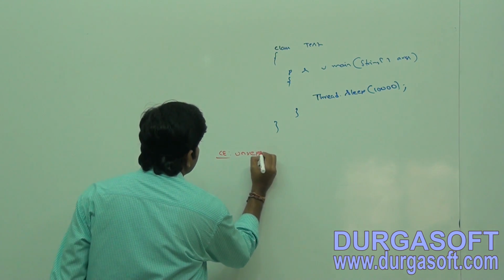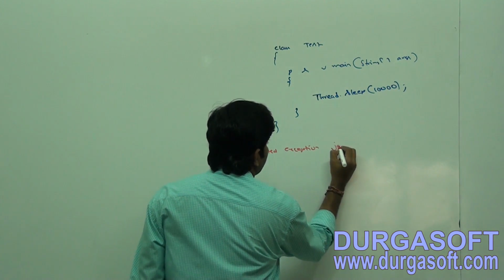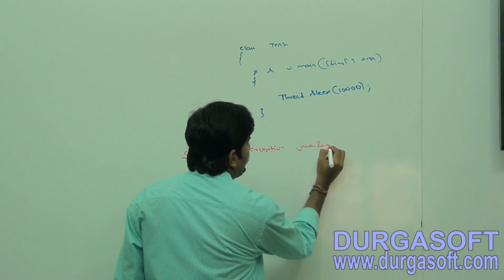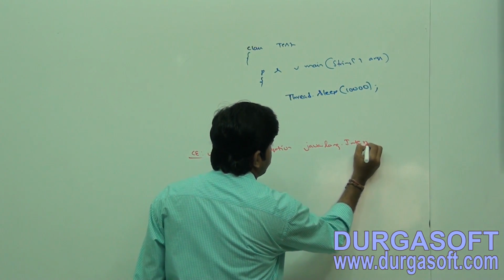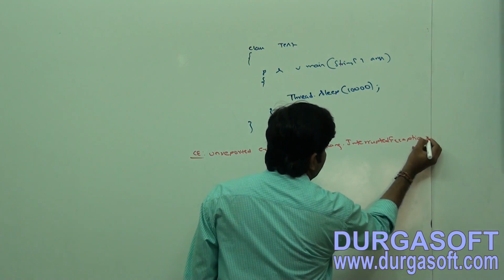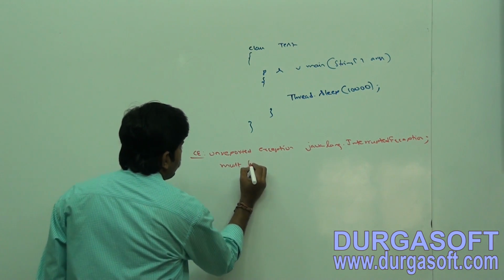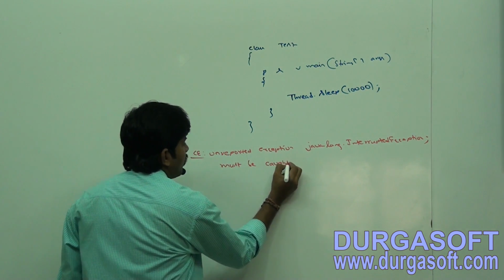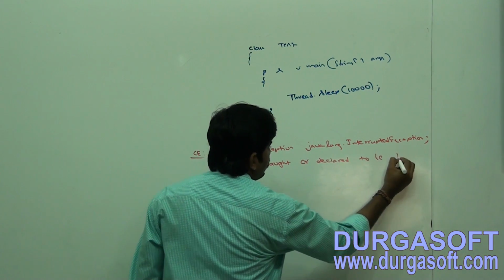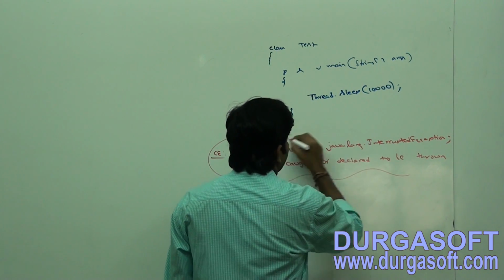Unreported exception java.lang.InterruptedException must be caught or declared to be thrown is the compile time error we get by default.